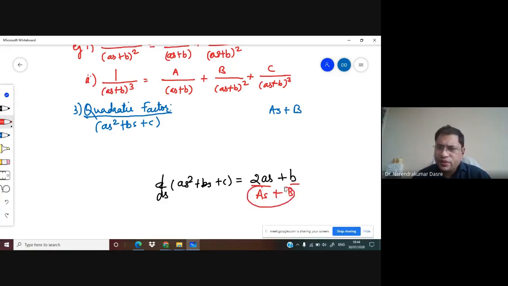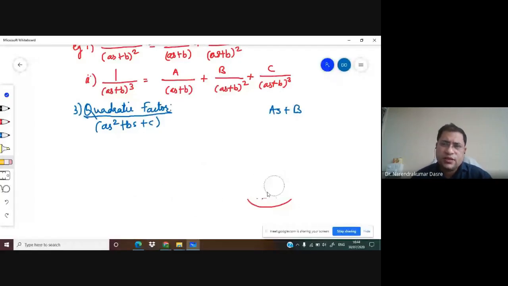So the numerator chosen for this factor is nothing but the general derivative of that factor. Hence, always think that the numerator chosen is the general derivative of the factor in the denominator.